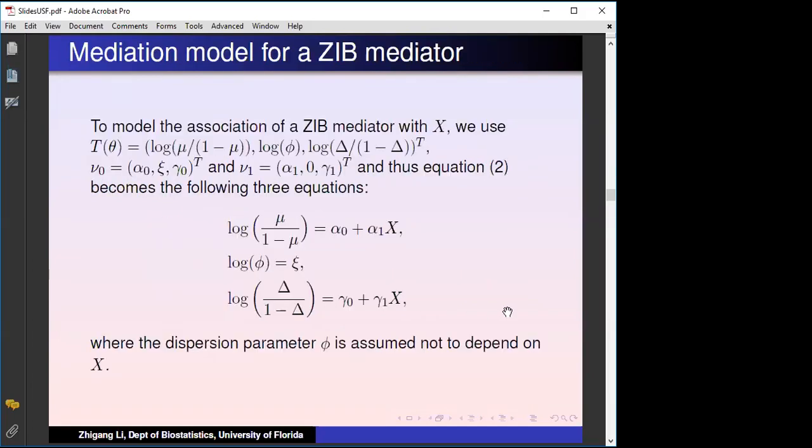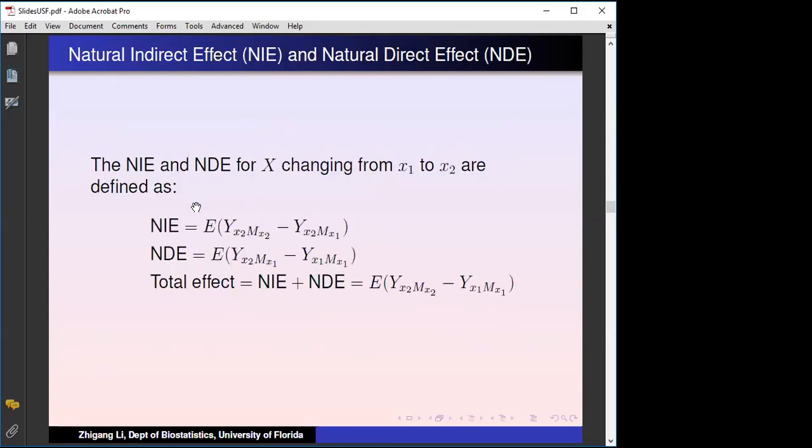Once we have this model constructed, we need to define the indirect effect. In the potential outcomes literature, there are two slightly different definitions. One is defined by the Vanderbilt paper, the other by the Imai paper, so I call it IKT because those are the initials of those three authors.